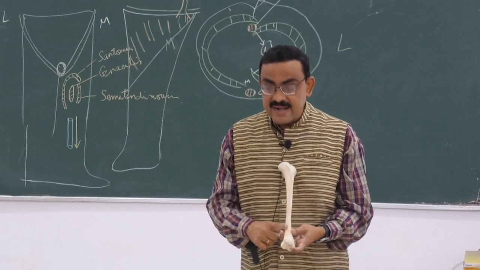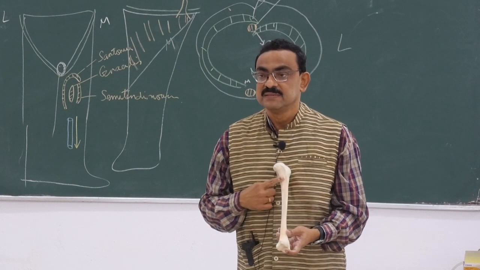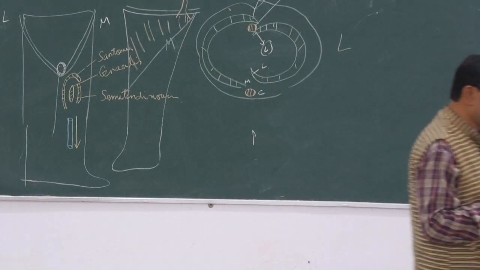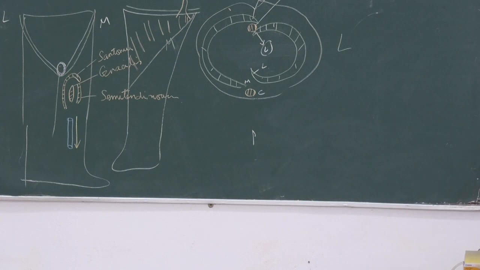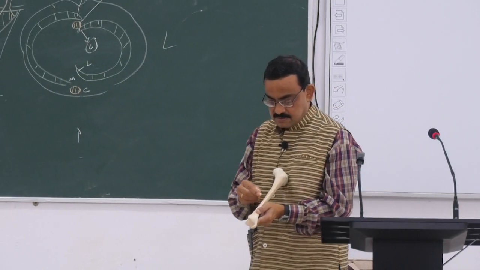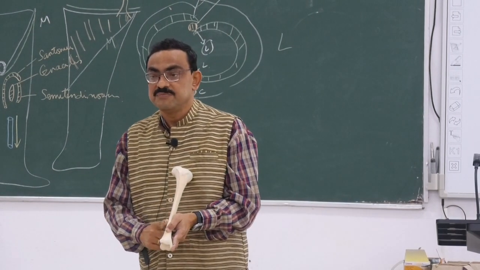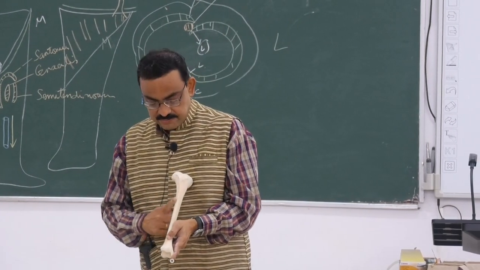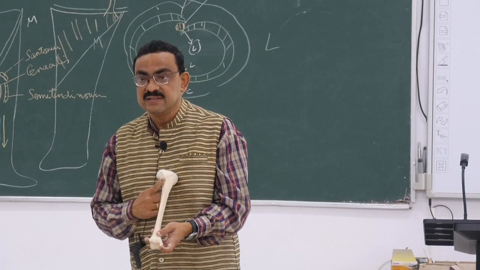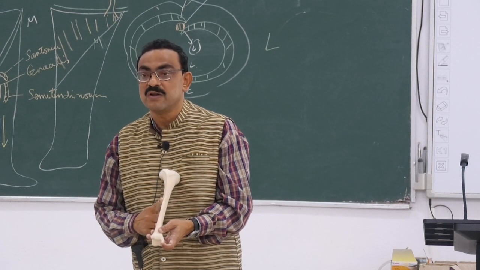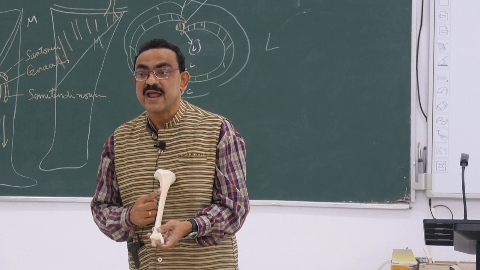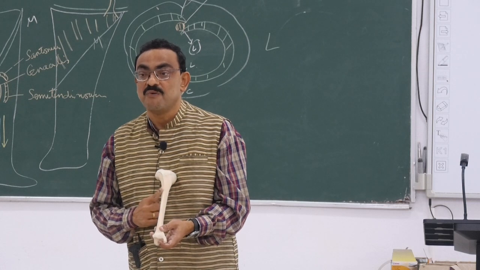Now the lateral aspect. This lateral aspect is for attachment of one very important muscle. In the lateral aspect we can find a groove. We can feel a groove here. And the upper two-thirds is for attachment or origin of one important muscle.